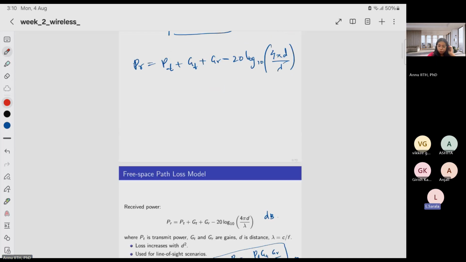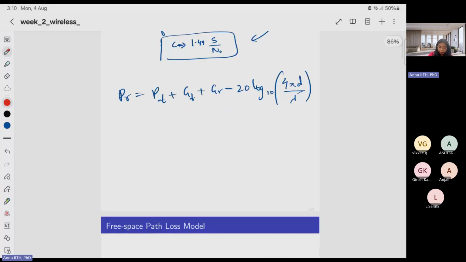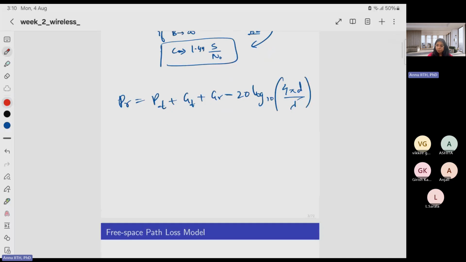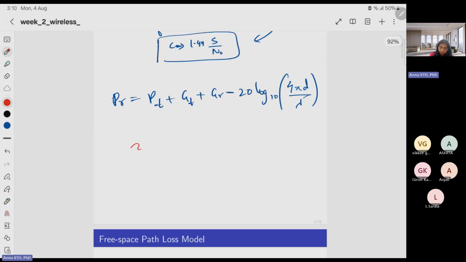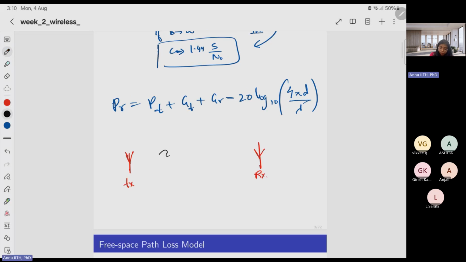That's it. So this is what is called free space path loss. Free space means the space is free, it is simple air. You have the transmitter antenna and the receive antenna, and since it is about the path, it is about this path.